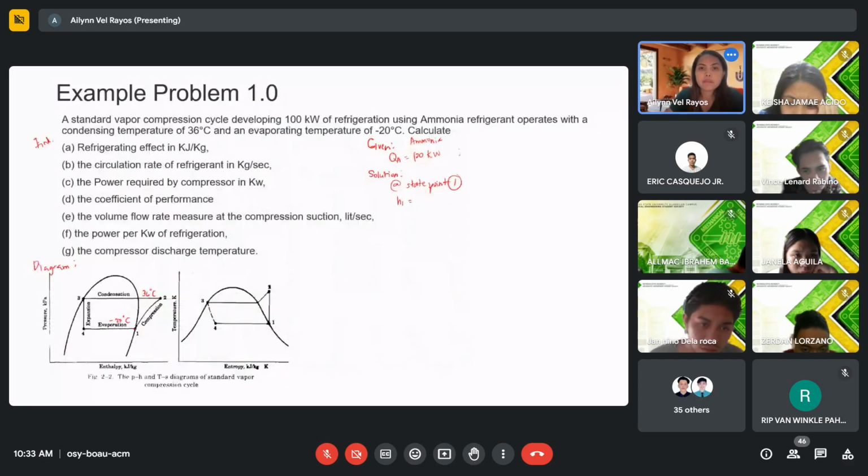Now, back to state point 1, H1, which is at the vapor phase, so HG.